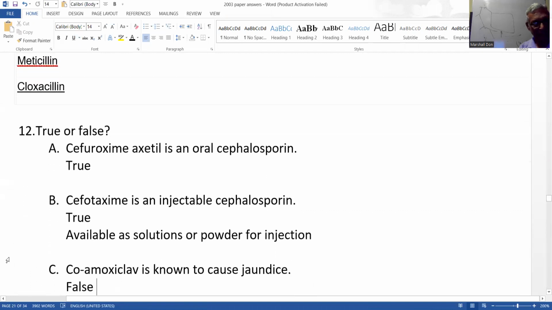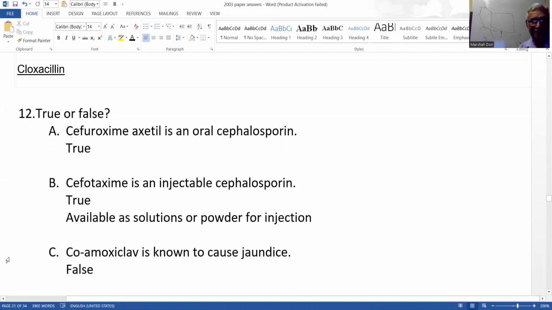Okay, question number 12. Cefuroxime axetil is an oral cephalosporin. That is true. Cefuroxime axetil is an ester. It is given in ester form in oral preparation. But remember, in the intravenous or parenteral preparations, only cefuroxime, no axetil part.